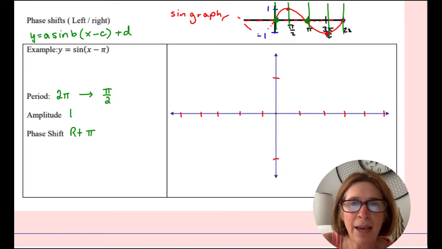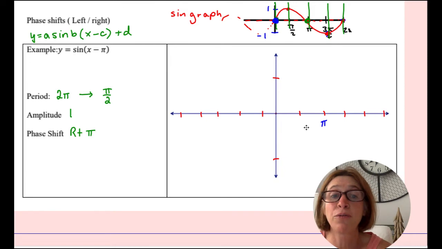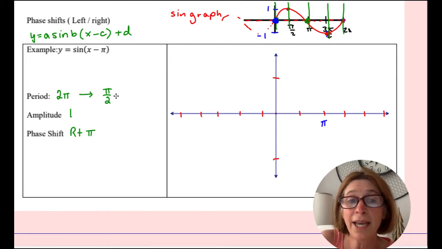So let's always look at that 0 point, that starting point for sine. That's what I'm going to shift. So I'm going to be moving that over to pi. And then from pi, I'm going to be going pi over 2 units. So if you want to get your period and your phase shift in the same denominator, then this would actually be 2 pi over 2.